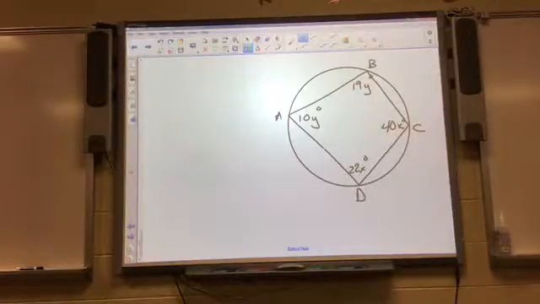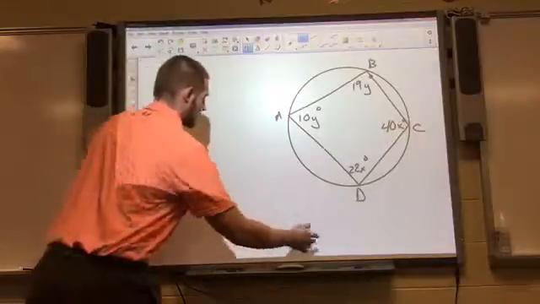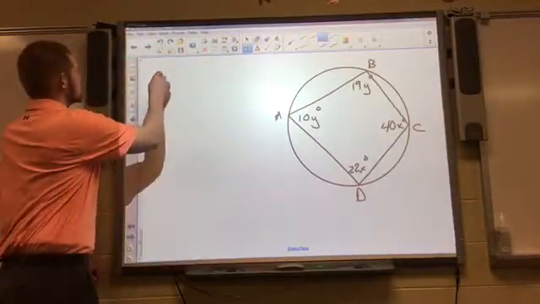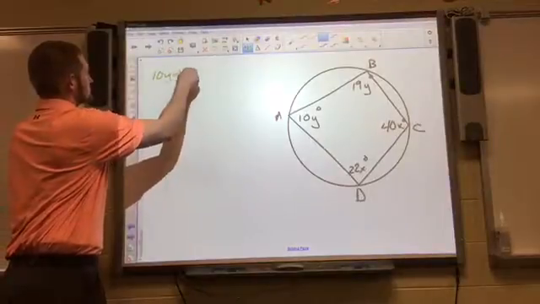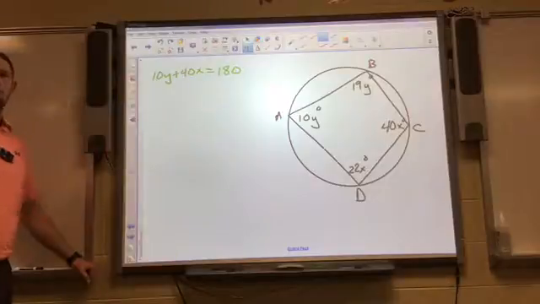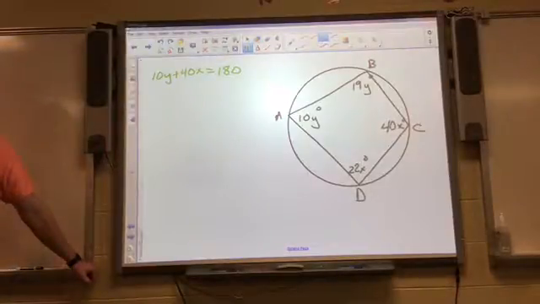Is it a quadrilateral inscribed in a circle? Yeah, so does our theorem still apply? Yeah, so Royal, set up a theorem or an equation for us. Everybody agree with that? That's true, right? Because opposite angles are supplementary.